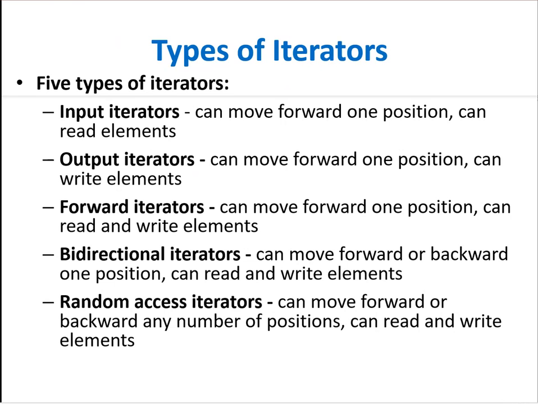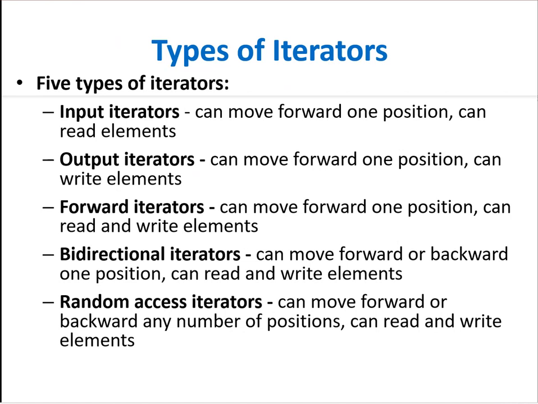Output iterator can move forward one position and write the element. Forward iterator is a combination of input and output iterator, meaning it moves forward one position and can read and write the elements. Bidirectional iterator has all functionality of the input, output, and forward iterators, meaning it can move forward or backward one position and can read and write the elements.